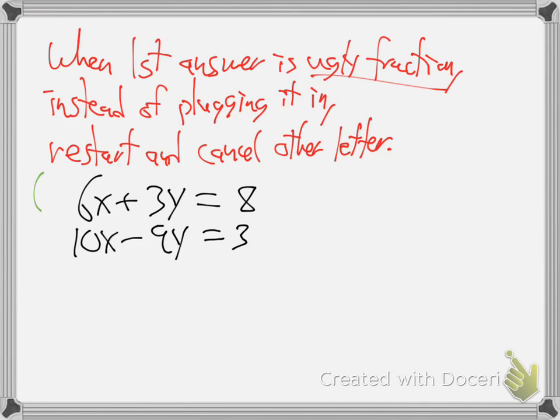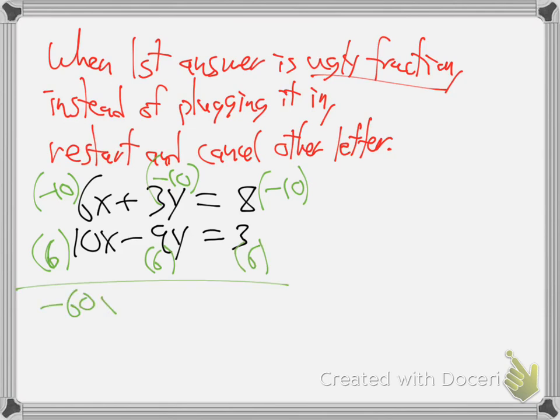So let's just do the top one. You have to make one of them negative, because right now they're both positive. It doesn't really matter which one. I'll do the top one, say, make it negative. Negative 10, negative 10, negative 10. The bottom one's 6, 6, 6. Everybody see what's happening there?